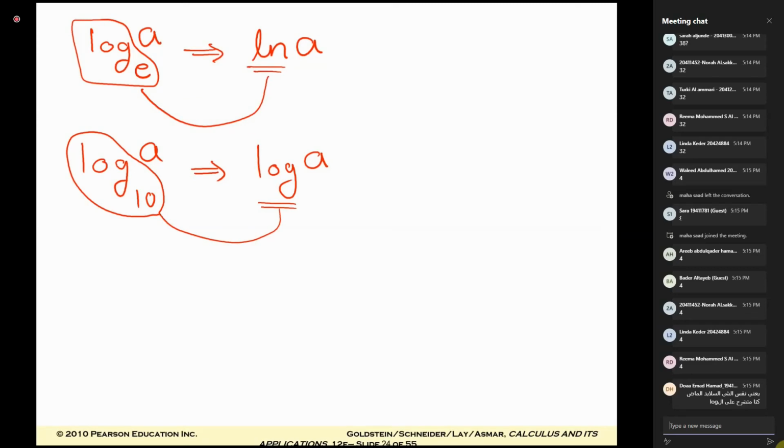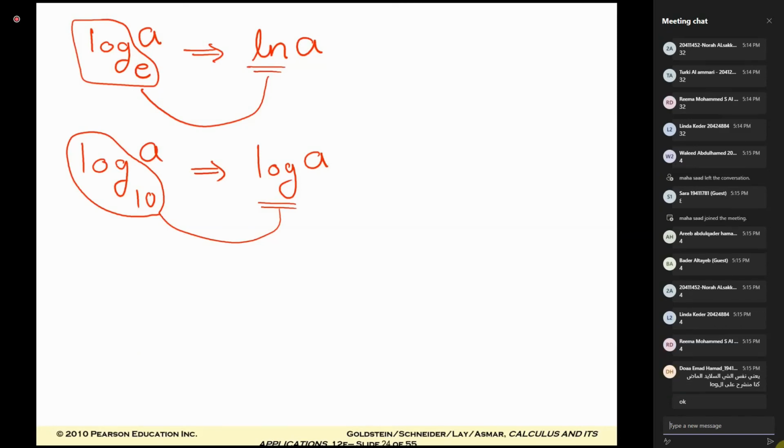Okay, now, why does ln 1 equal 0? Because look at any logarithm with any base of 1 equals 0, because b to the power 0 equals what? Equals 1.